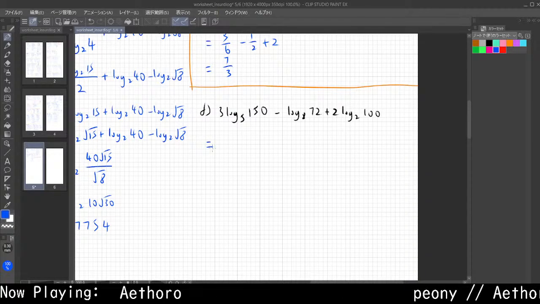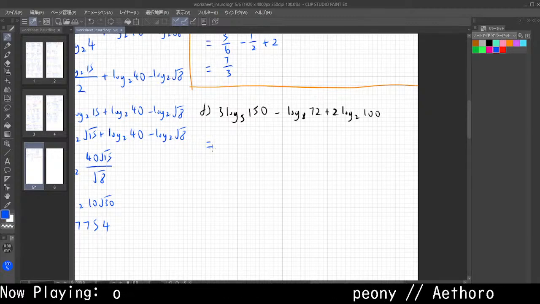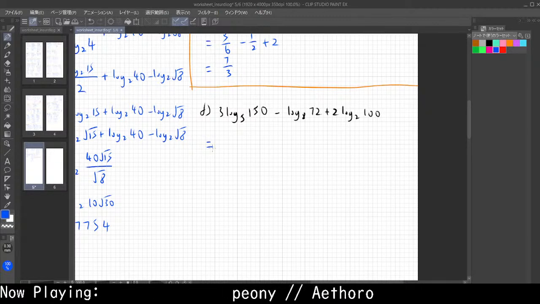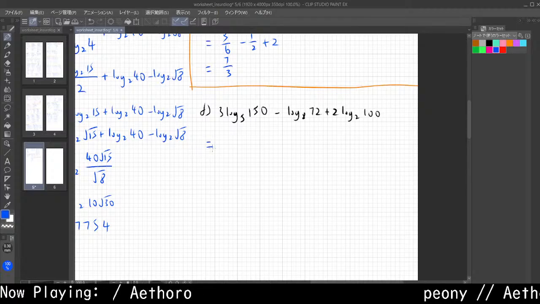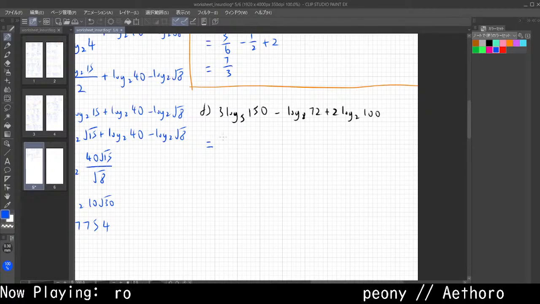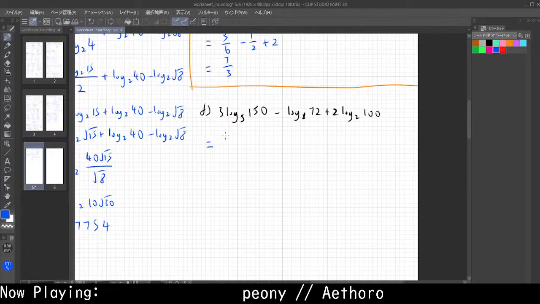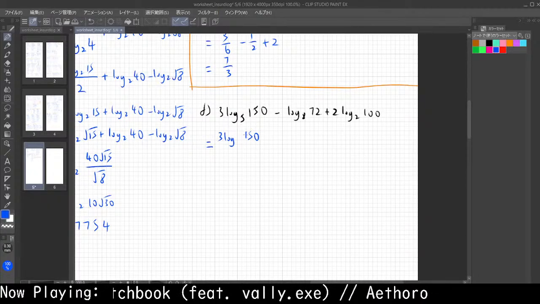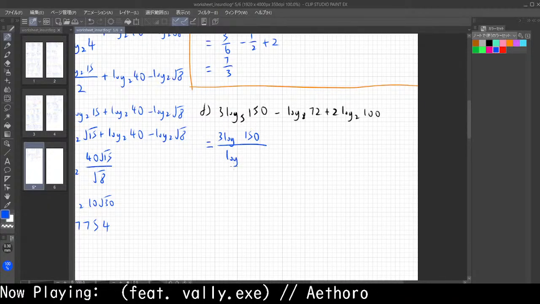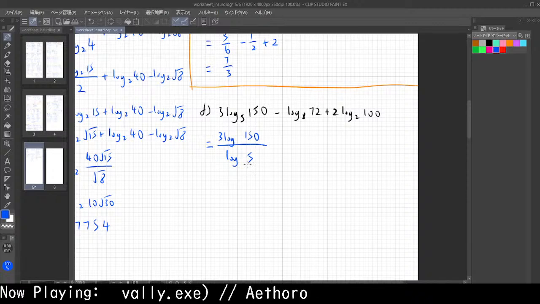Okay, so mainly you want to get rid of everything else. Let me see if it's possible over here or not. Let's say everything we follow base 2. Your 3 you can bring to the top, so you get 3 log 150 over log 5. You can write this, by the way, it's the same thing.